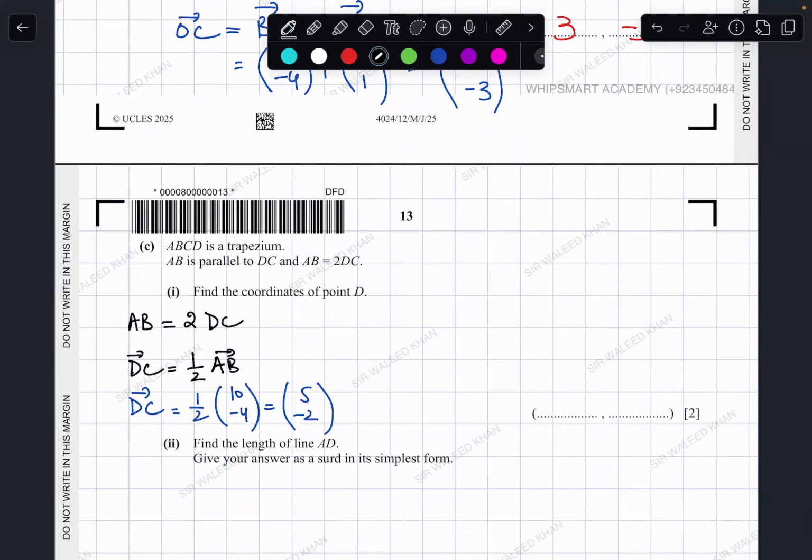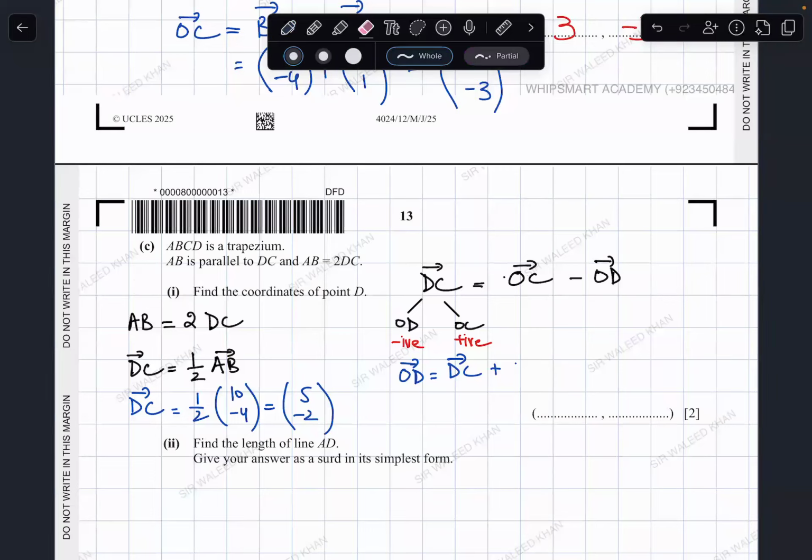Now, using the same concept, I want to figure out the coordinates of D. So OD, OC. First one is negative, second one is positive. Right? So OC minus OD. Now, because we have to find the coordinates of D, so I'm going to rearrange it. OD is equal to DC plus OC.